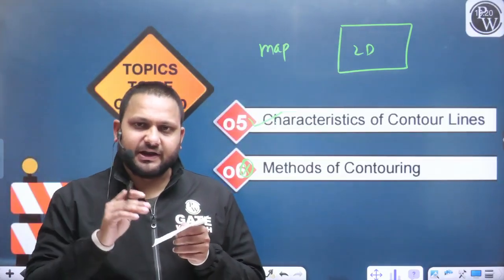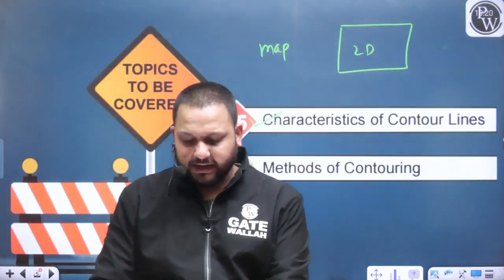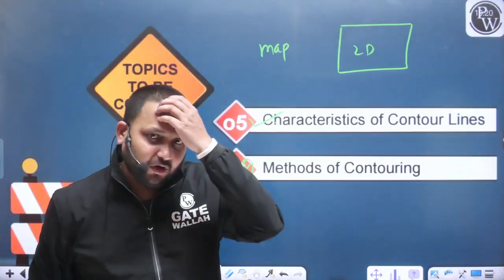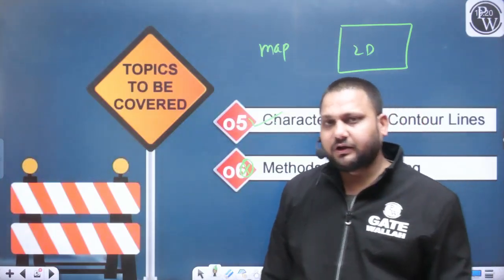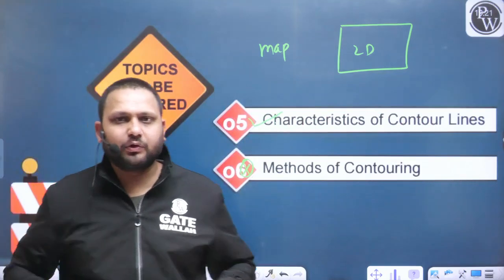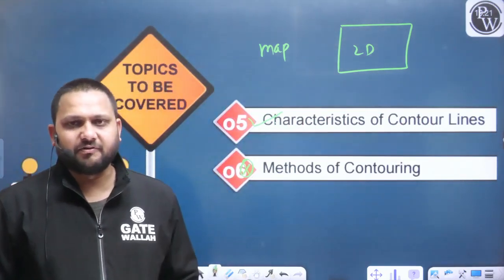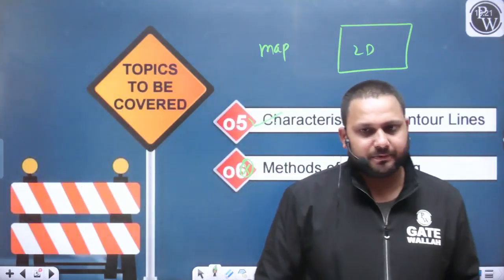So whatever detail you have plotted on this map, we will not get any idea related to the elevation or the height, because this is 2D, only x, y dimension will be there. There will be no third dimension that we can represent on the map.